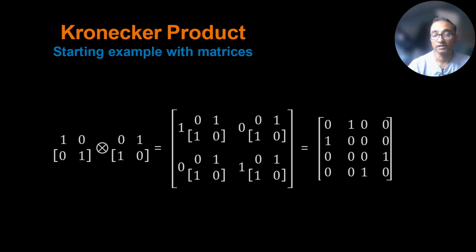If you see the example here, the two matrices having the same dimension resulted in a bigger matrix of bigger dimension. So 2 rows and 2 columns matrices are now represented as a composite system of 4 rows and 4 columns.